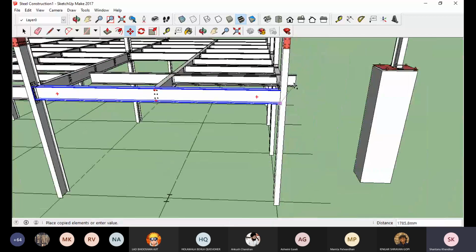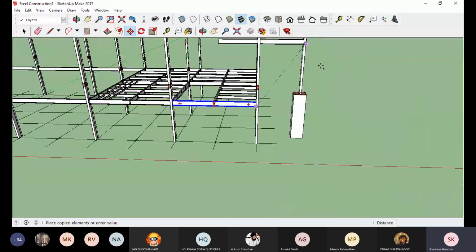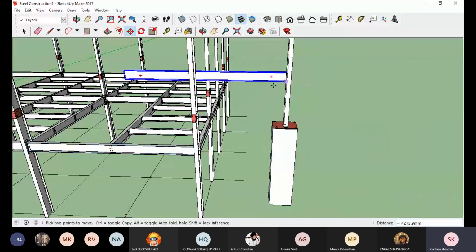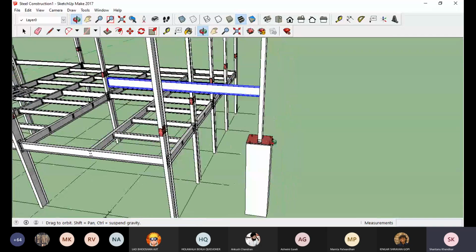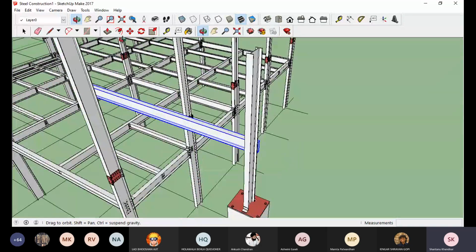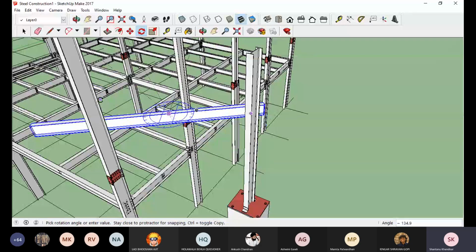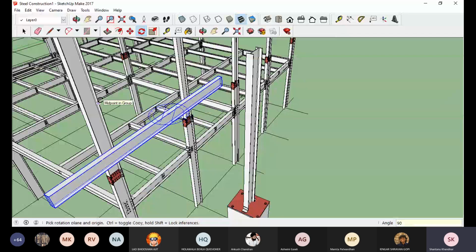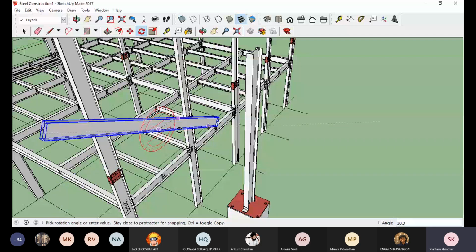Now here, obviously, I'm not talking about a member which is of this size, but I'm just going to explain what I mean by using these members. Say it's a 30 degree angle, let us say.